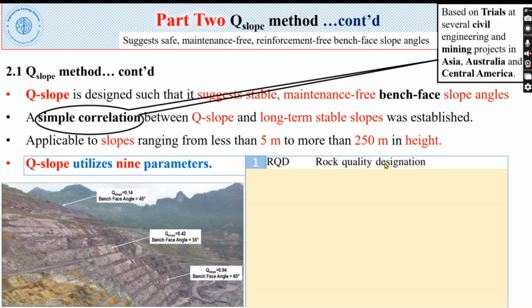The first parameter used in determination of Q-slope value is rock quality designation. Therefore, you need to know what rock quality designation is and how to determine it on site. I will explain this in detail one by one. The 9 parameters, I will explain it one by one.